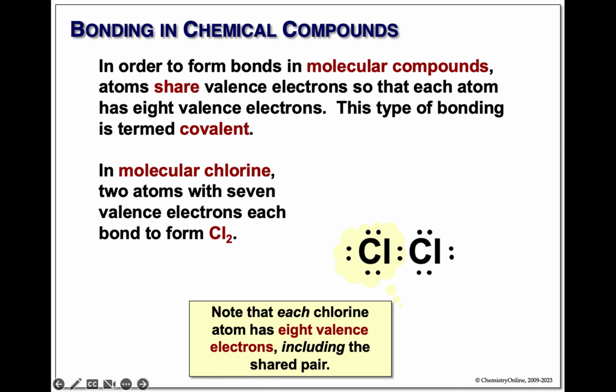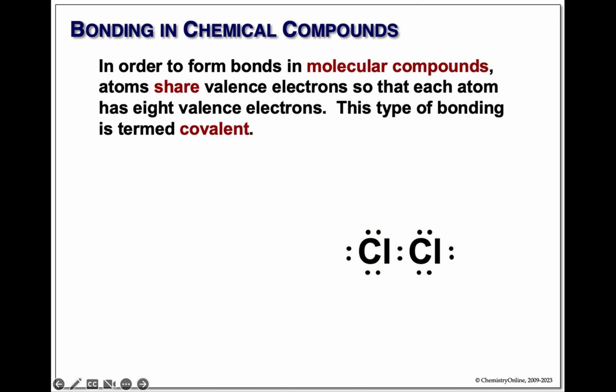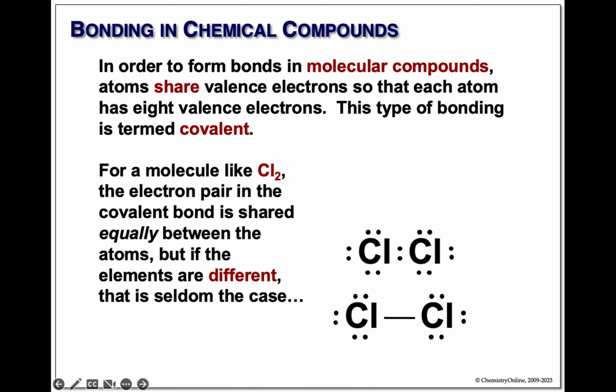This is our covalent bond. When we rewrite this using the dash nomenclature, it looks kind of like this. Now, in a case like this, the sharing of these electrons between the two atoms is going to be essentially perfect. That's because they're the same atom.